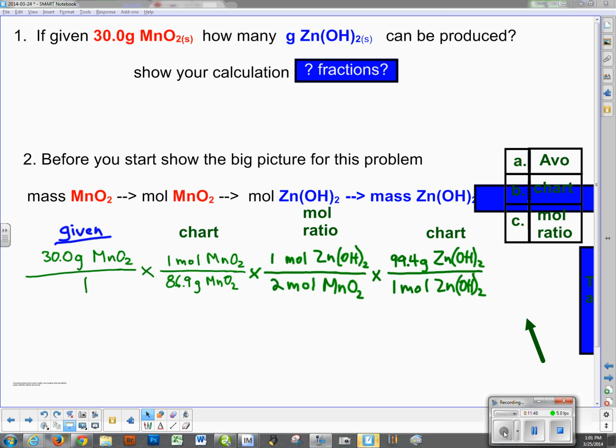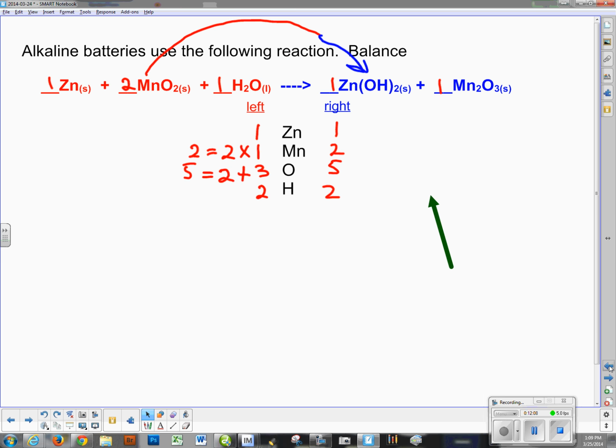And now all we do is run the calculator. So please stop your recording now, calculate it out for yourself, and see if you come up with the right answers. And then I'm going to show you a very neat way to calculate these things quickly. Now before you go any further, you need to write down the balanced equation, which is over on this screen, and have that with you so I can refer to that as I show you my neat little method. Okay, turned off now, and give it a go.